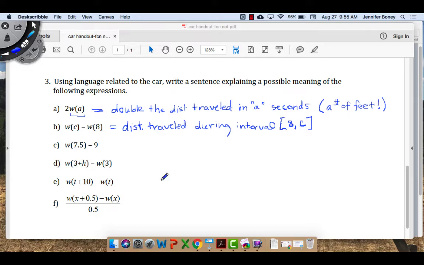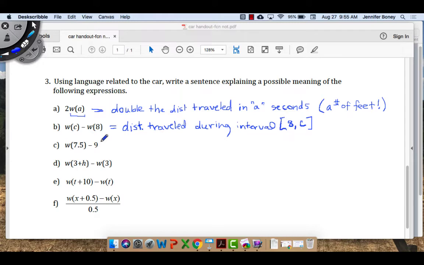Okay, so if these are supposed to make sense, then this W of 7.5 I know is definitely feet. If I'm going to subtract something from a number of feet and have it make any sense at all, I hope that it's going to be another number of feet. Like, this is some distance traveled in the first 7.5 seconds, and then 9 feet less than that, or how far that distance is from 9 feet past the starting line.